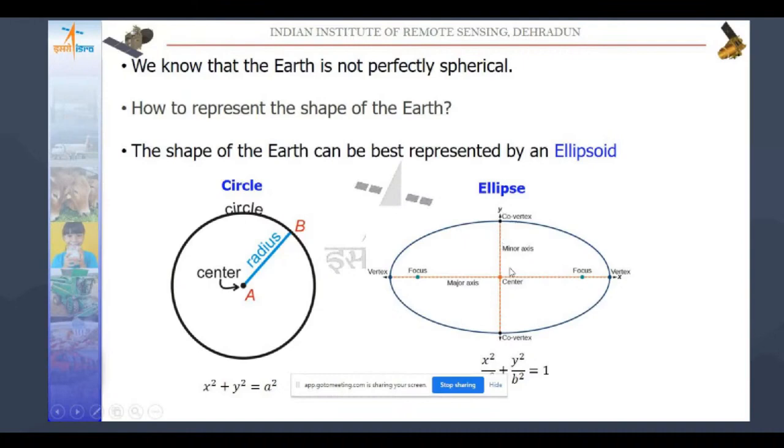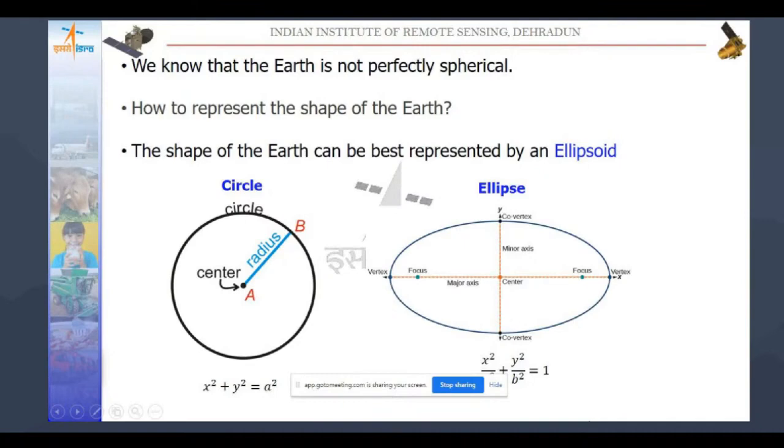And when we rotate it about its minor axis, the three-dimensional geometry we get is called an ellipsoid. Okay, you remember you have to rotate it about the minor axis. In the circle case it was a diameter, but in the ellipse case it is the minor axis. You have to rotate it. So just imagine the three-dimensional geometry you are getting, it is called an ellipsoid.